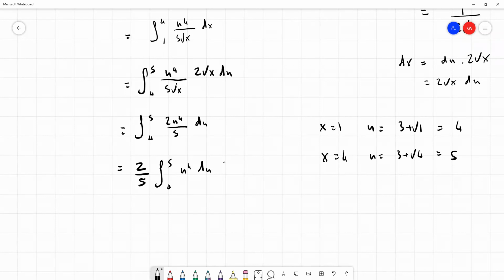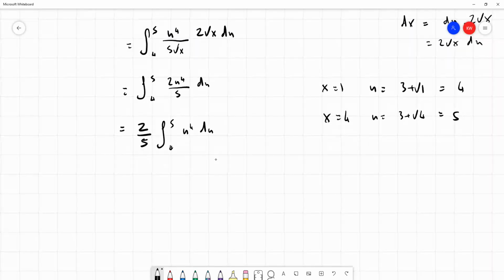And that's not something that particularly troubles us in integration. We have a very clear standard integral for u to the power 4. So we put in our square brackets, and that will of course be u to the power 5 divided by 5 between 5 and 4.